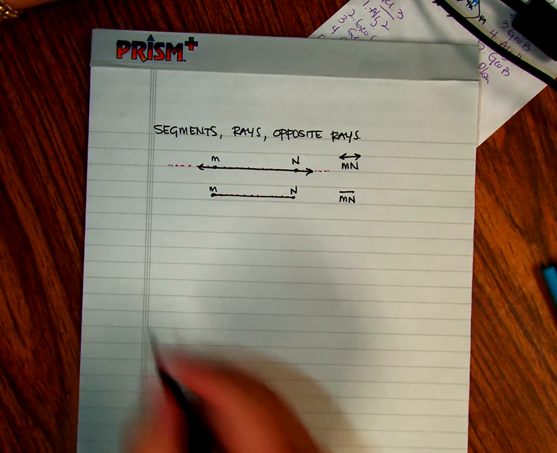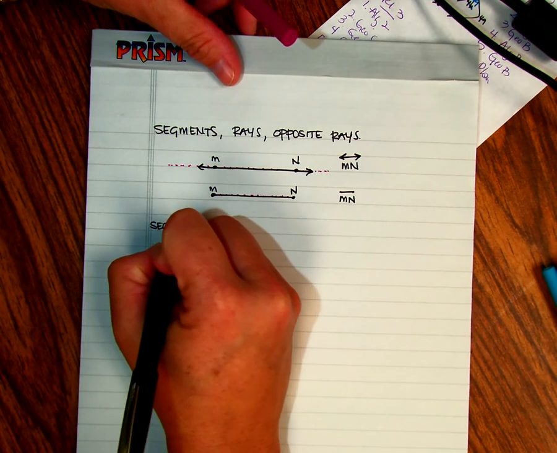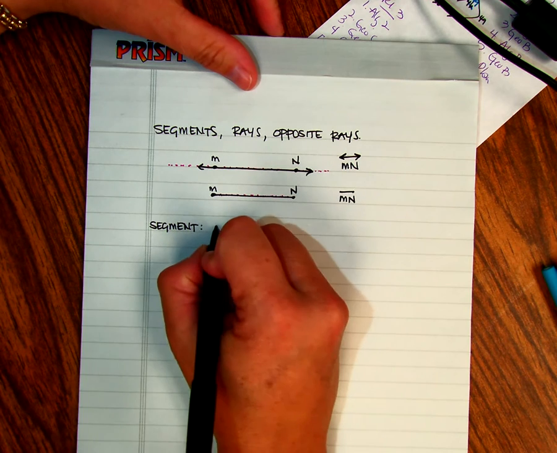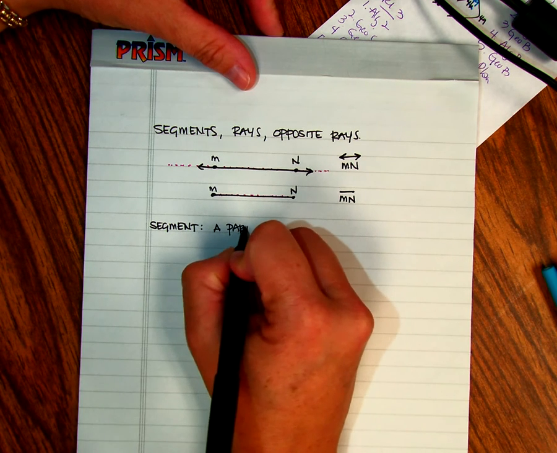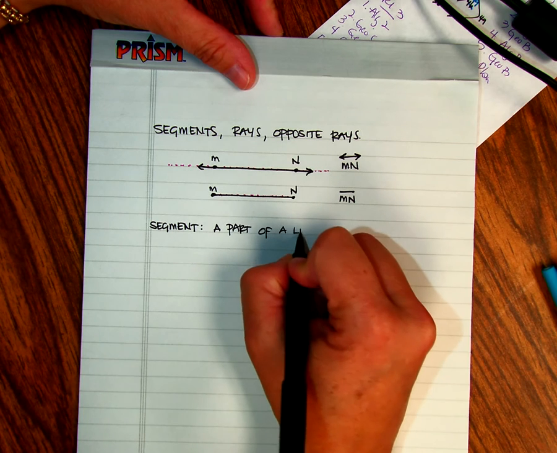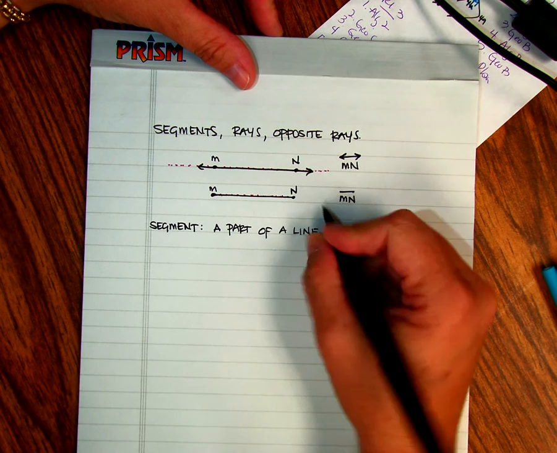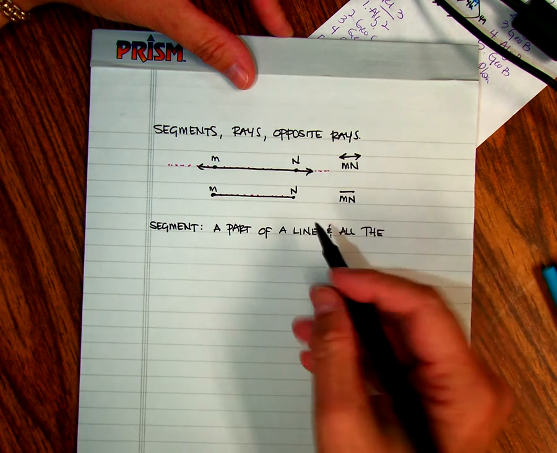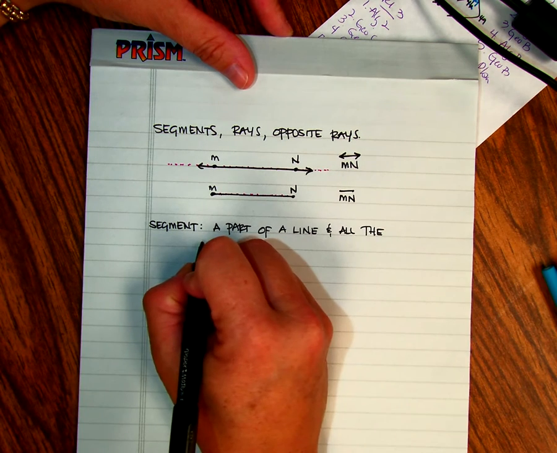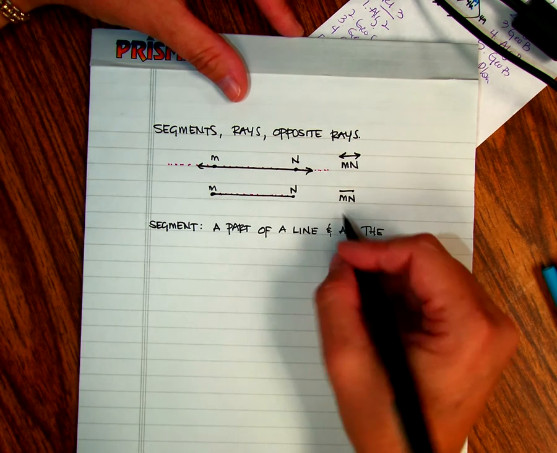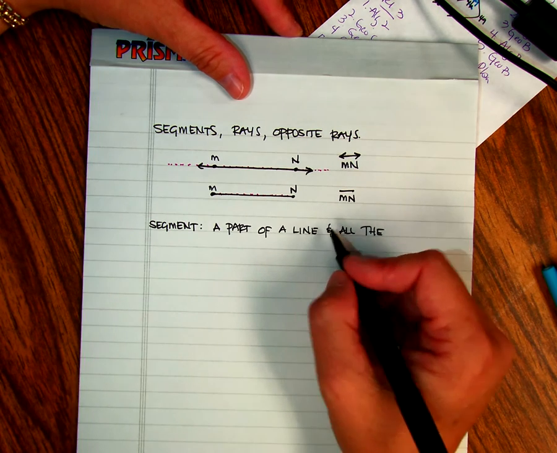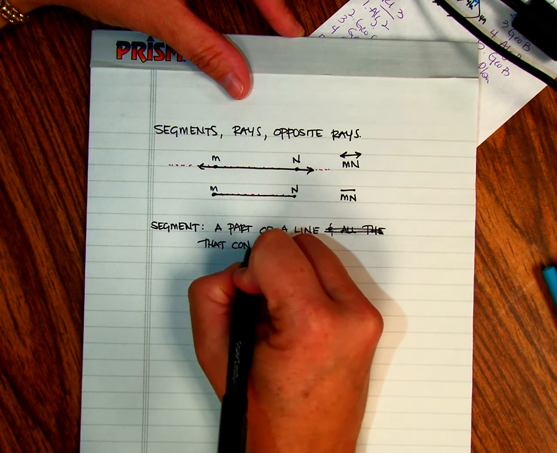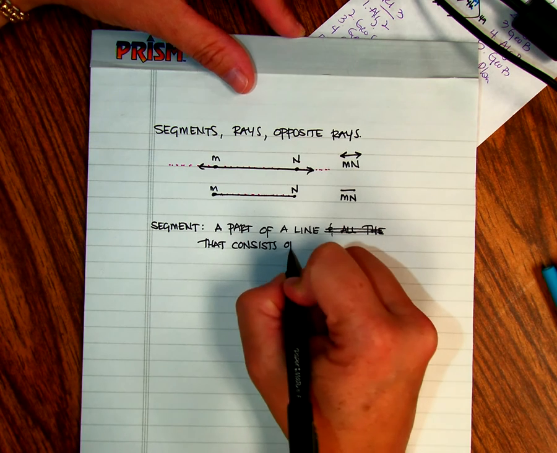Okay, so the definition of a segment is a part of a line that consists of two endpoints.